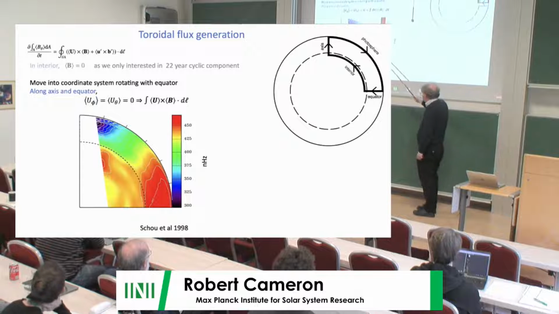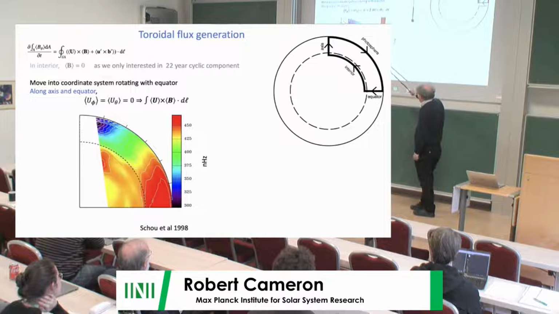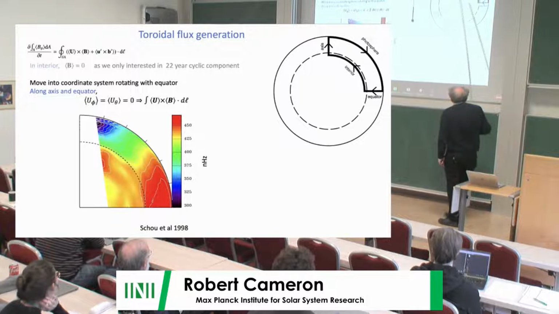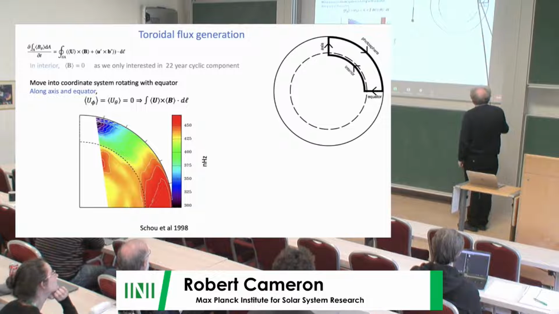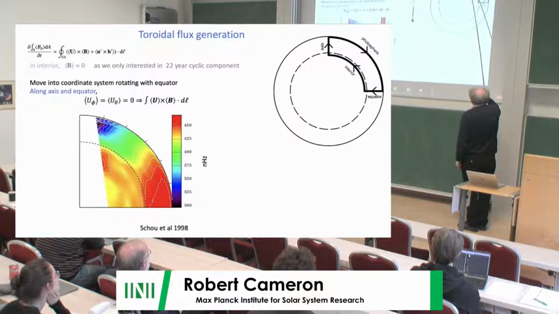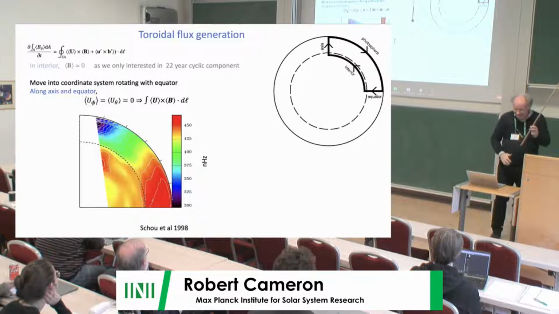Then, along the axis and along the pole, the large-scale axisymmetric components of the velocity vanish. So in this framework I have gotten rid of the contributions from the equator, from the interior, and from along the axis. I'm only left with something from the surface.